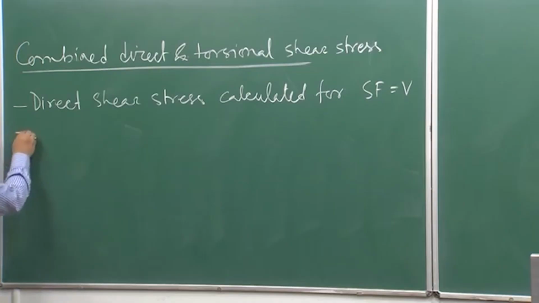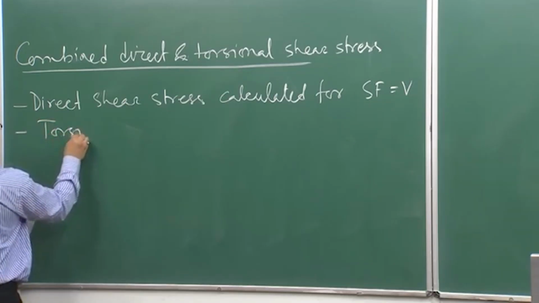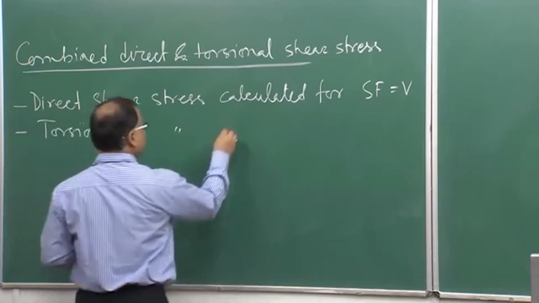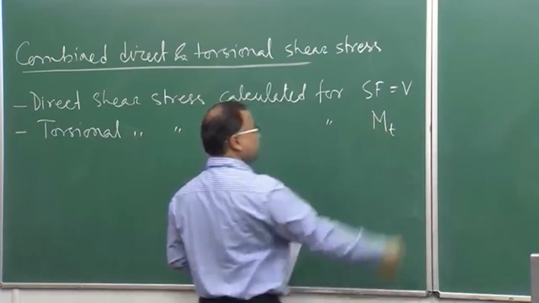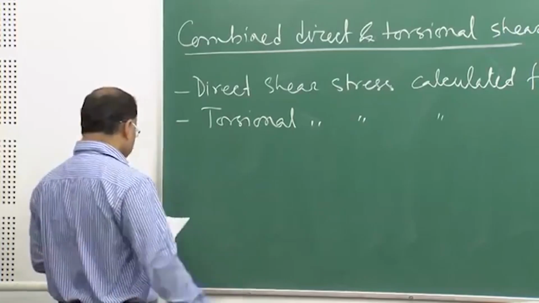That we are calling direct shear stress calculated for shear force. Then you may have torsional shear stress calculated for MT, that is the twisting moment. The slender member is experiencing shear force as well as twisting moment together. Then what will happen? Then you need to combine the shear stress.